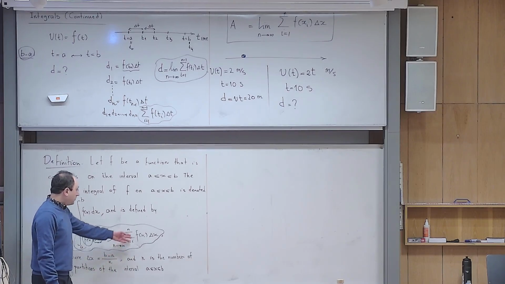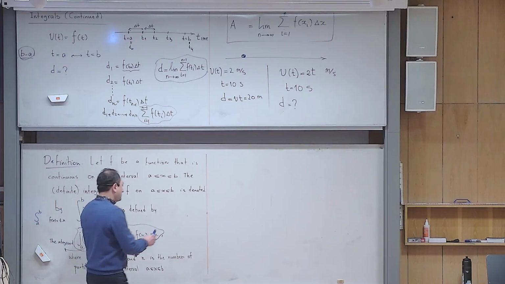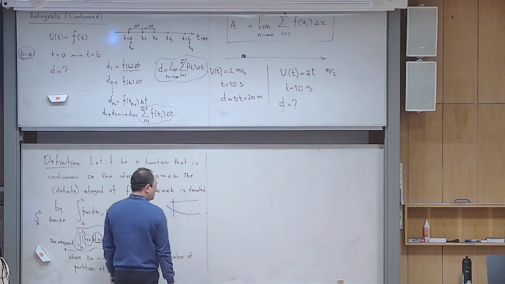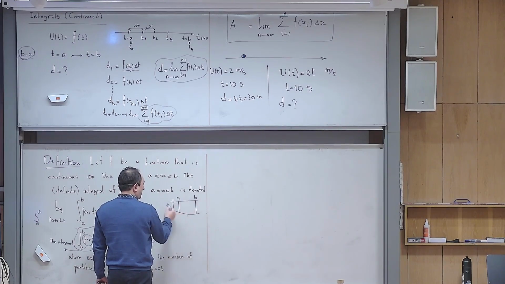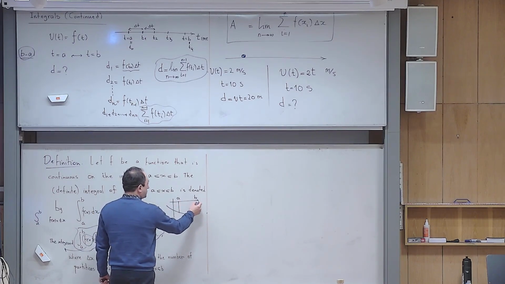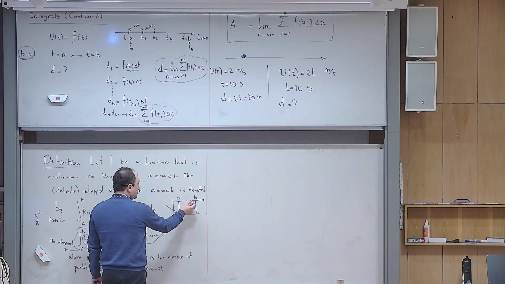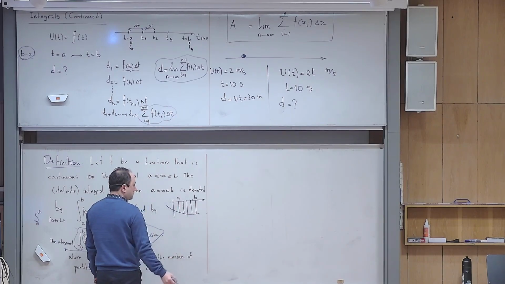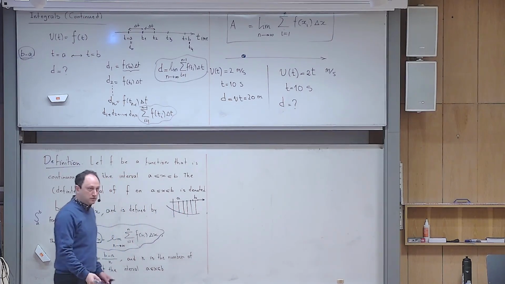But can f of x be negative? Yes, it is in principle. If I give you this function, if this is a and this is b, and the function goes below the x-axis rather than above it, it doesn't matter how you make this partition and these rectangles. For every value of x on this interval, the value of the function is negative.